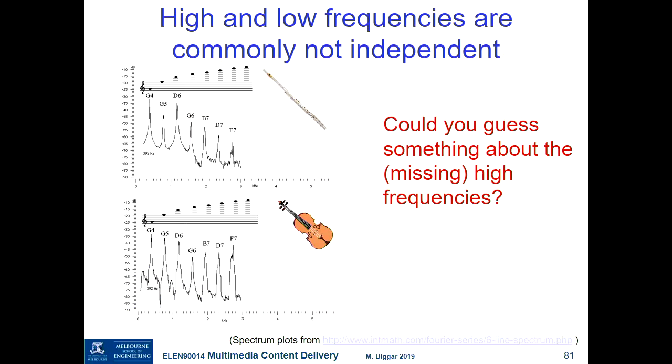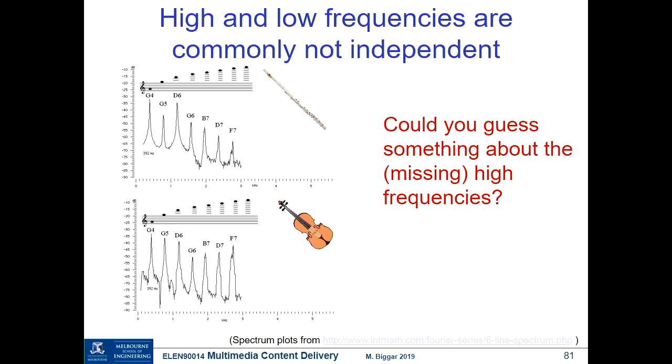Because in the audio space there's high correlation between the high and the low frequencies, particularly for something like music. What I've shown to you here is the low frequency part of the spectrum for two quite different musical instruments. And consider that question at the side there. Could you guess something about the missing high frequencies?